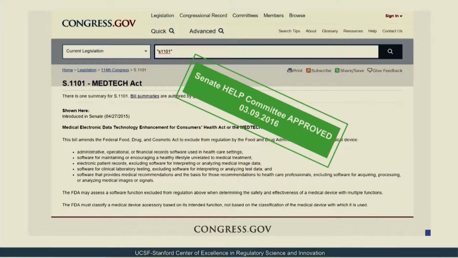In case you're not familiar with it, the Senate MedTech Act had passed out of the Senate Health Committee early in 2016. The name stands for Medical Electronic Data Technology Enhancement for Consumer Health Act, and it is one of Senator Hatch's bills advanced to ensure that regulation of low-risk technology does not hinder innovation.